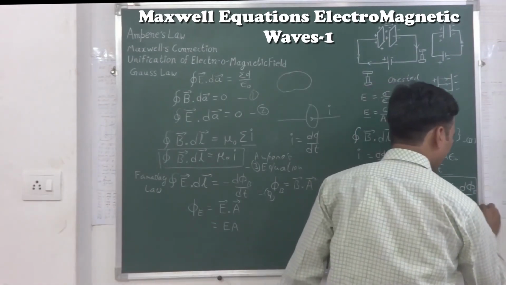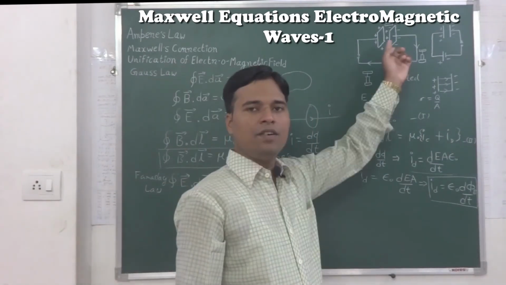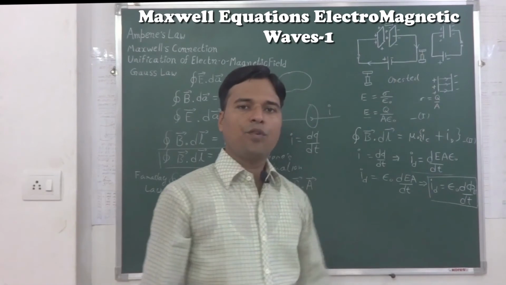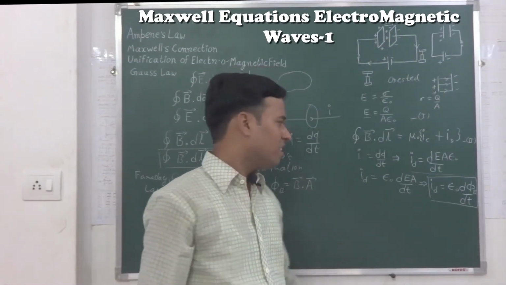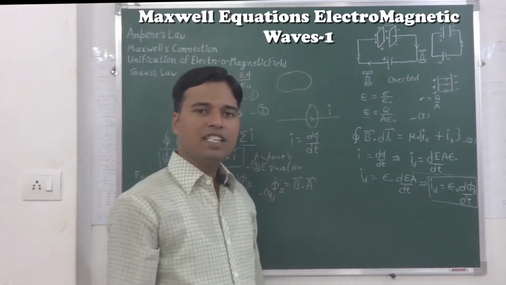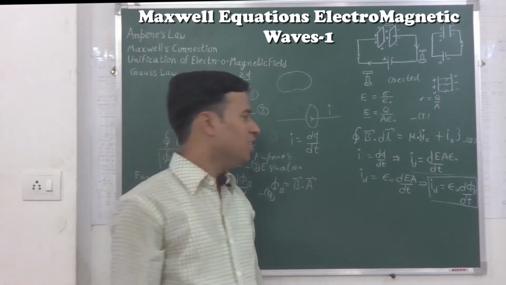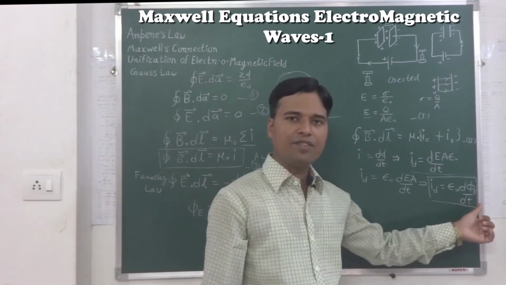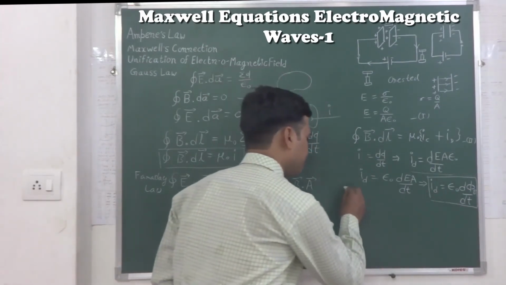Why it is known as displacement current? Because in reality there is no current flowing between these two plates of capacitor, but this is the current which is explaining the induced magnetic field between these two plates due to change in electric field. This is called the displacement current.